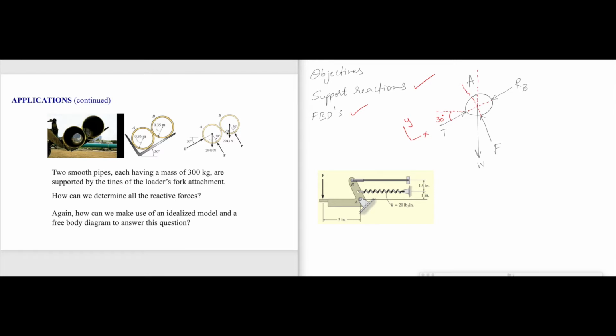That means this will become 30 degrees. So this can be treated as a free body diagram of A.